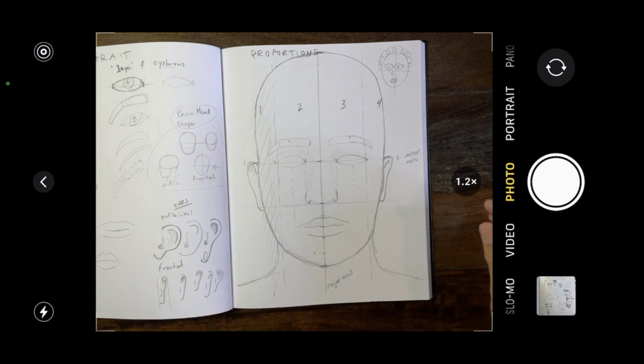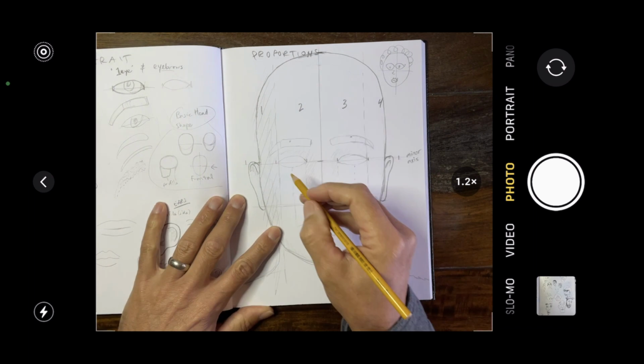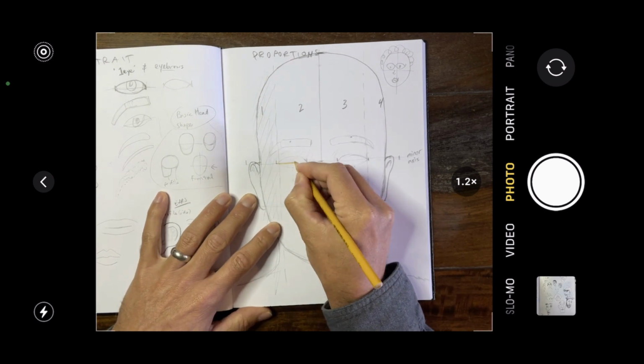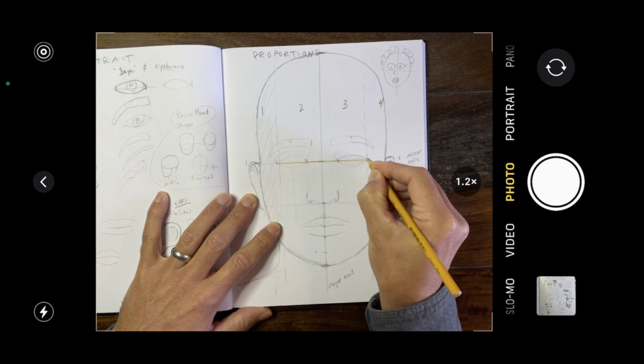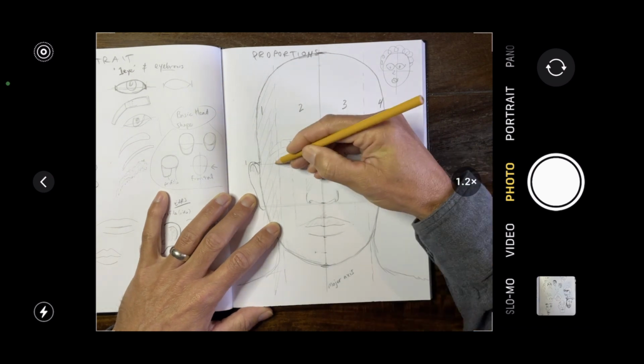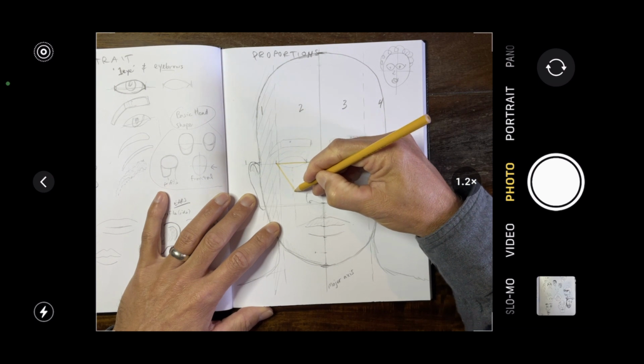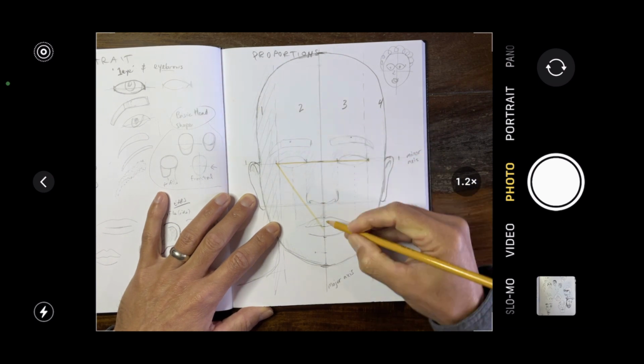And as a last step, let's notice that magic triangle that I was talking about earlier. I'm taking a colored pencil so you guys can see better, but from corner of eye to corner of eye, and then coming down, on the face that I drew here, to the bottom of the mouth.